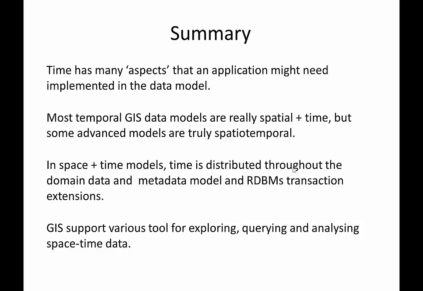Real time is spread across, so if you've got a diverse database with heterogeneous data from different sources, the time information is distributed throughout your domain model. So you might have time associated with individual features within a layer. You might have it associated with whole layers. You may have it associated with some sort of voxel model.